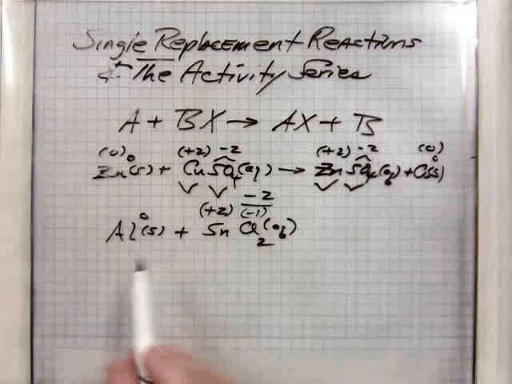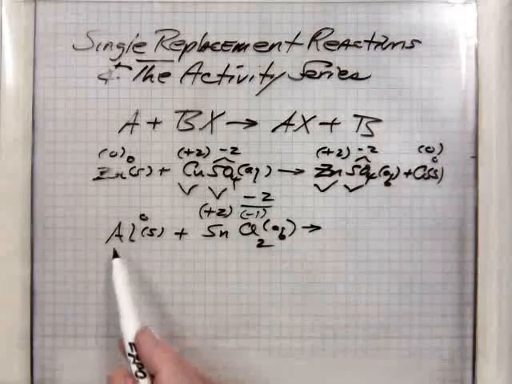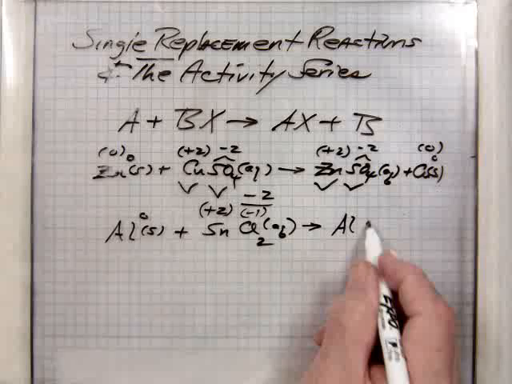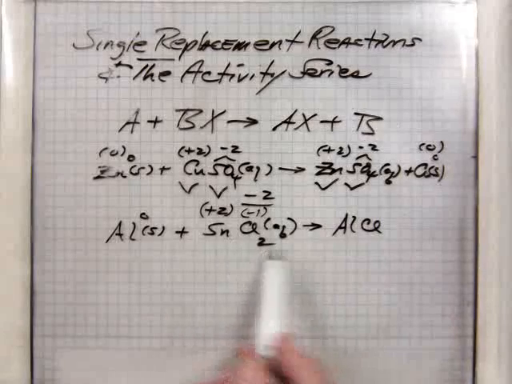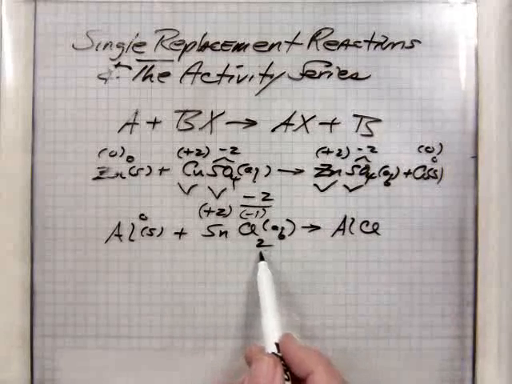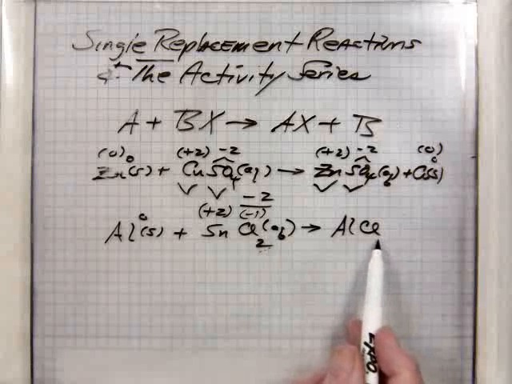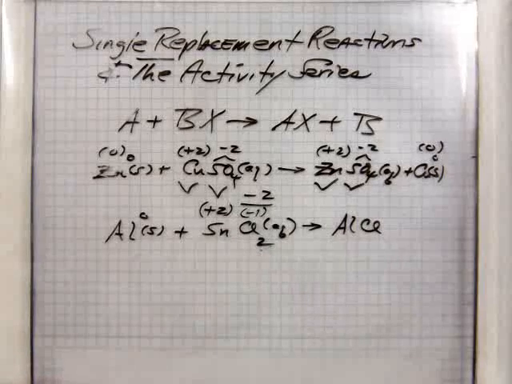When you come over here and make the products, you want to hook up aluminum and chloride. However, the subscripts will not be what the subscripts are here. Just because this is a 2 on the reactant side doesn't mean it's going to be a 2 on the product side. The subscripts depend on the oxidation states.